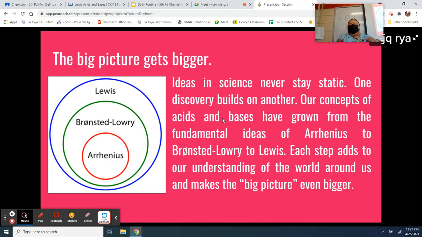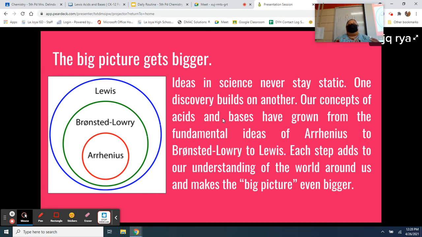It fit Bronsted-Lowry, but it did not fit Arrhenius. What do you think is going to happen with Lewis? Is it going to fit more compounds or fewer compounds? What do you think it means for that blue circle?